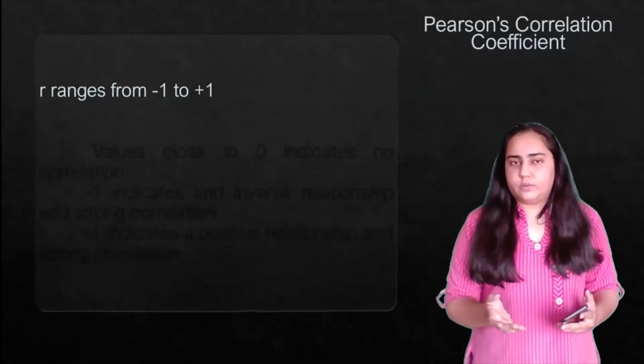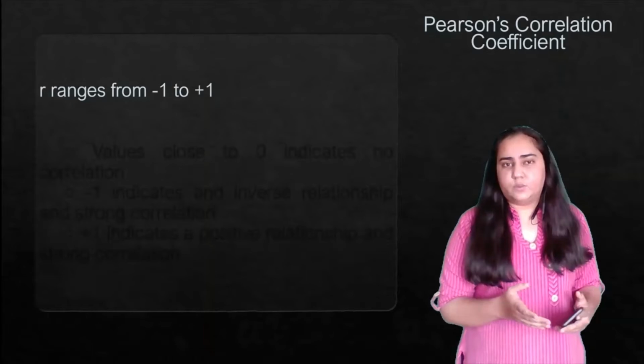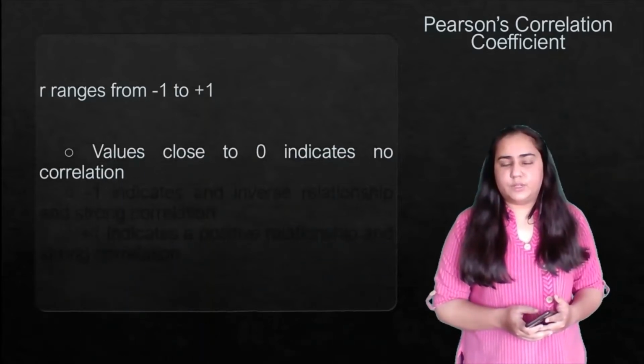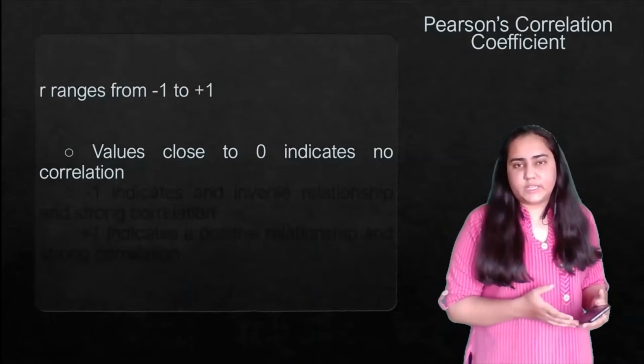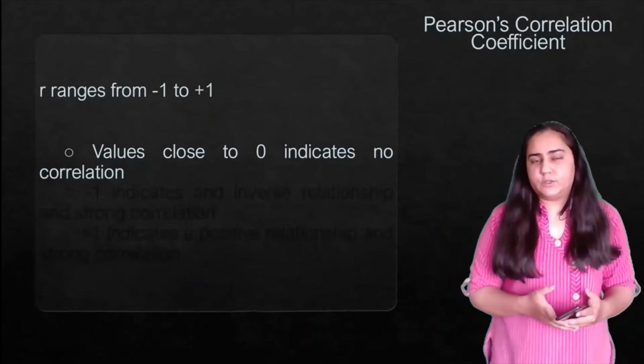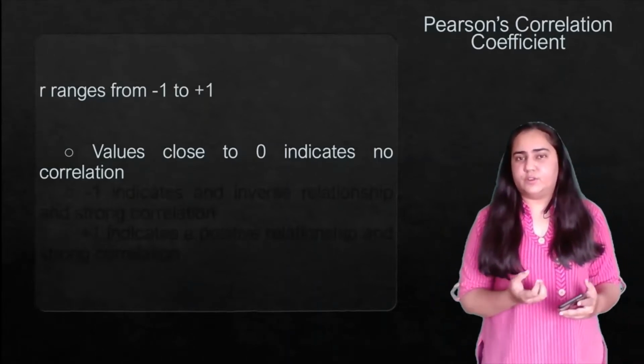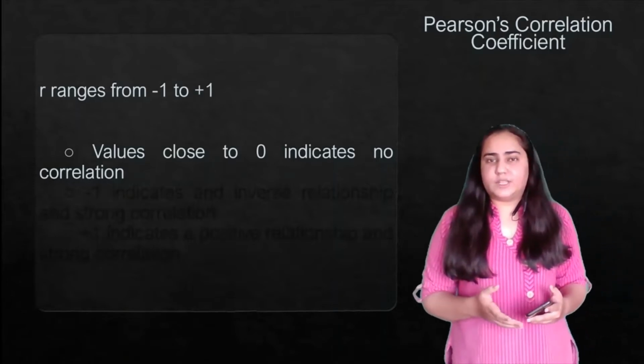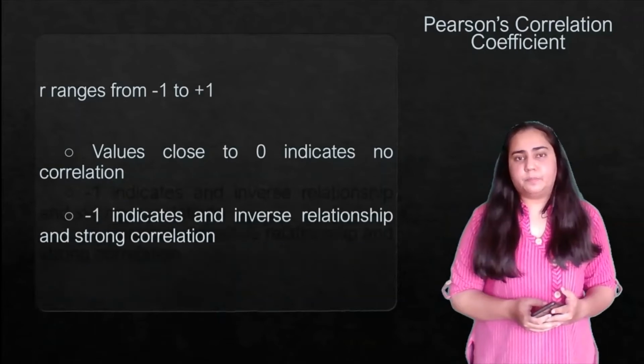R typically ranges from -1 to +1, and values close to 0 indicate no correlation. If you have an R which is 0.0000 something, then it shows that there is no correlation.